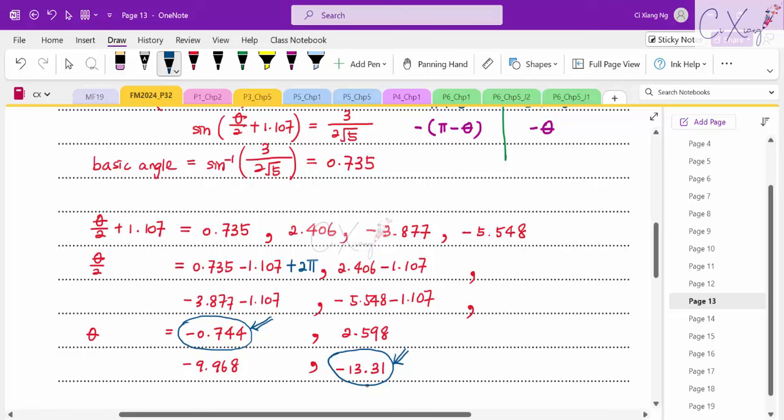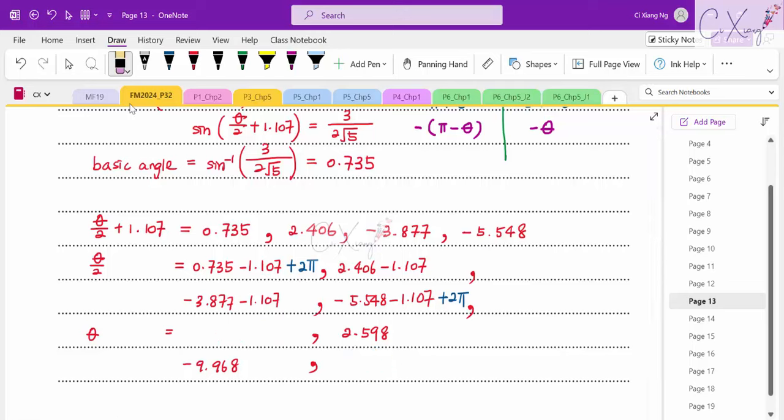So to adjust it back inside the range, I also need to get the answer 1 round later, which is plus 2 pi as well. Then we recalculate this particular answer and also this particular answer again.